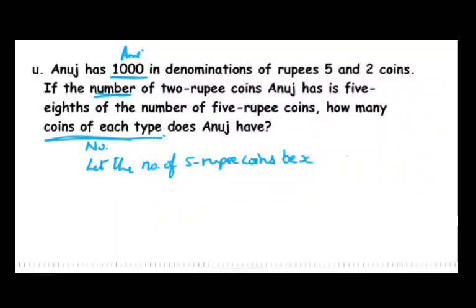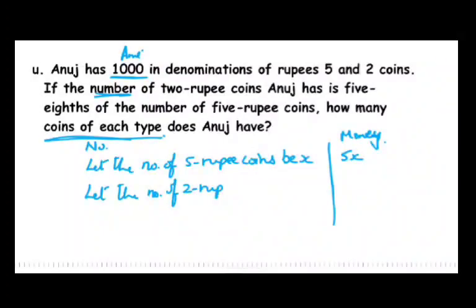So the amount will be 5 rupees into the number of coins, correct? This is in terms of money. Now let the number of 2 rupee coins be 5/8 of x.